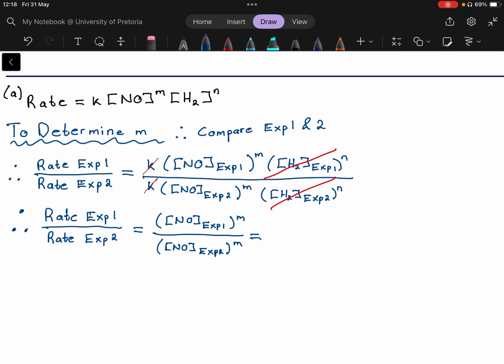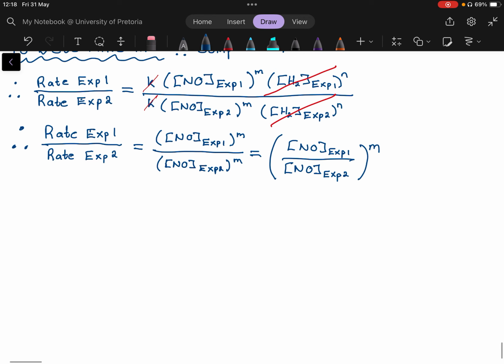And of course, if you have something to the power m divided by something to the power m, you can write it as both things divided, to the power m. So you can write here the concentration of NO in experiment 1 divided by the concentration of NO in experiment 2, to the power m.